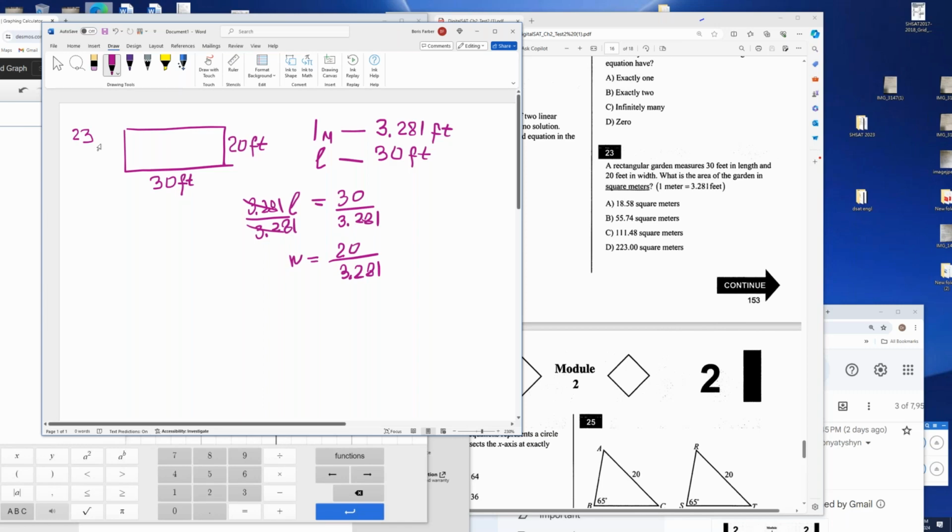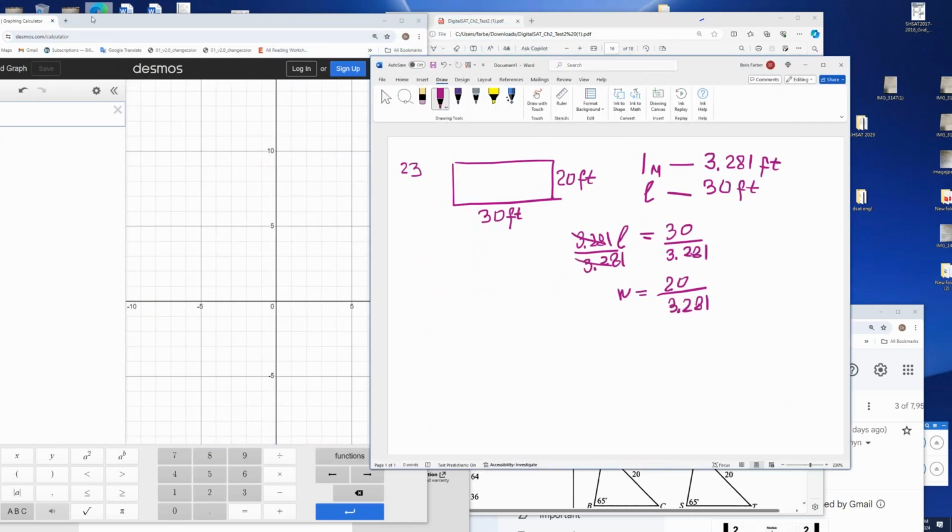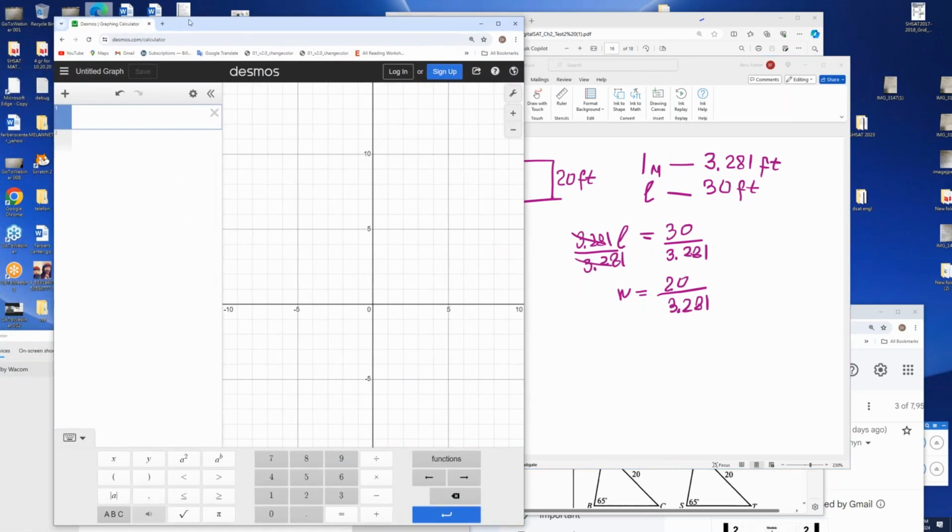To answer this question, take Desmos and multiply 30 times 20, and divide by 3.281 to the second power, because I need to multiply this by this.